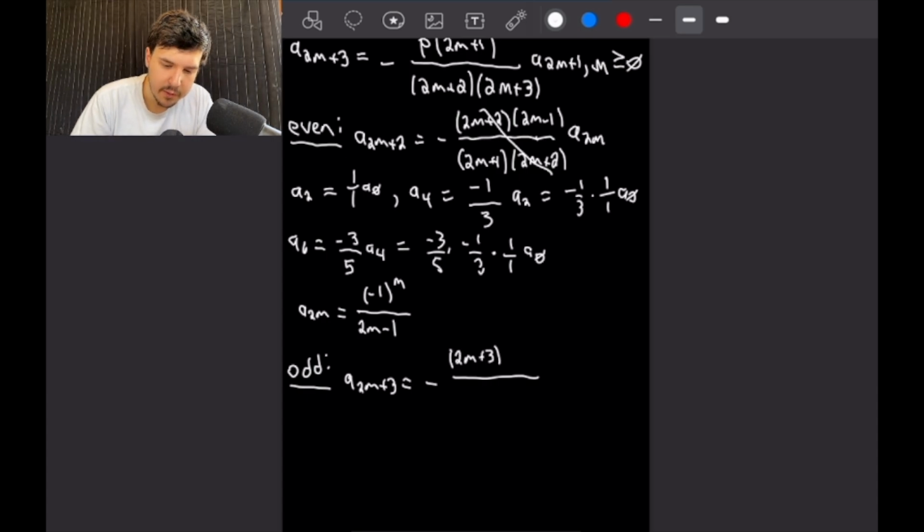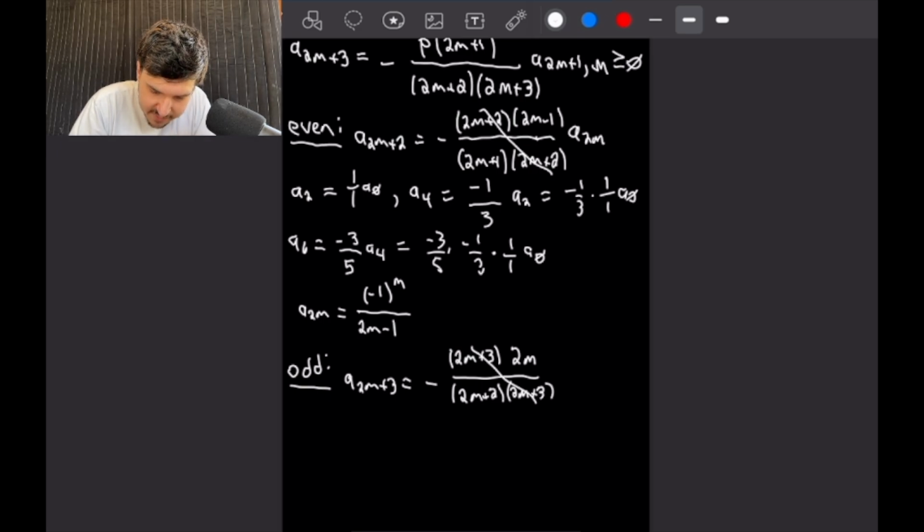And then when we plug it into our n minus 1, we will just simply be left with a 2m, as our minus 1 and plus 1s will cancel. And then we will keep our numerator, which is 2m plus 2 times 2m plus 3. And our 2m plus 3s will cancel. And this will be times a sub 2m plus 1. And once again, I will verbally say that this is for all m greater than or equal to 0.